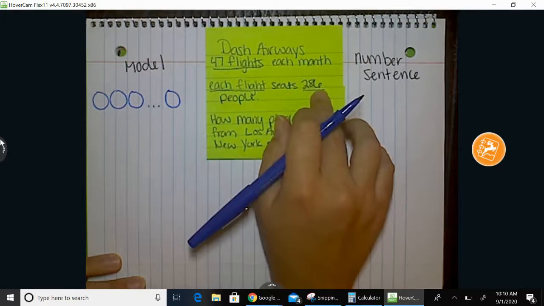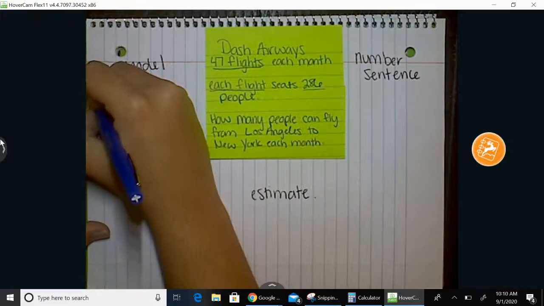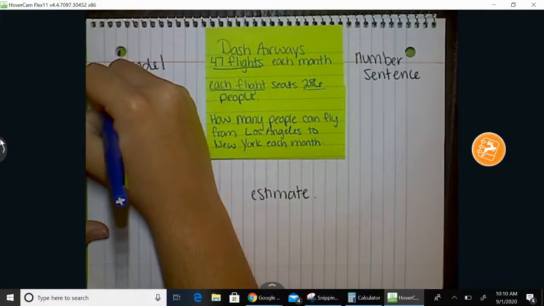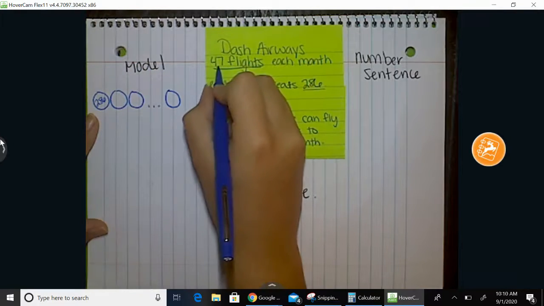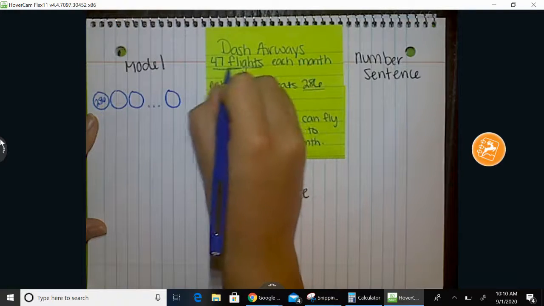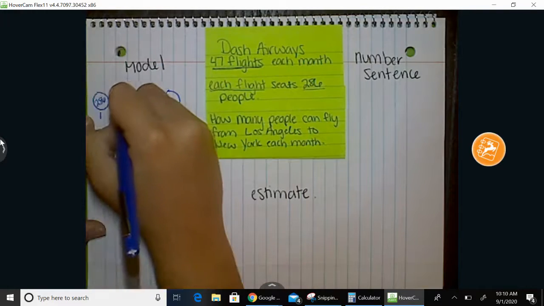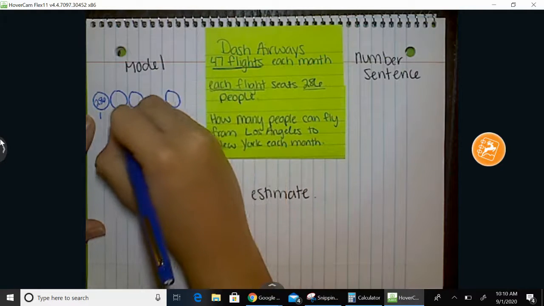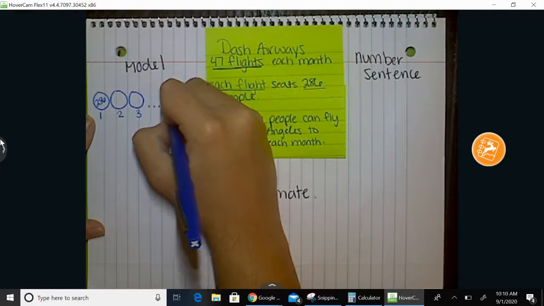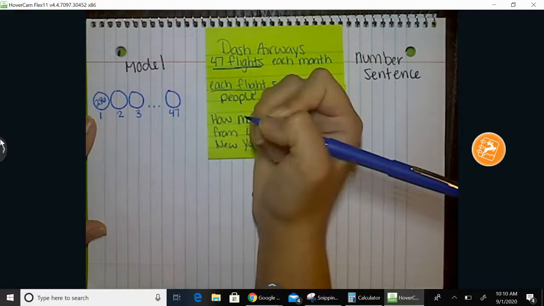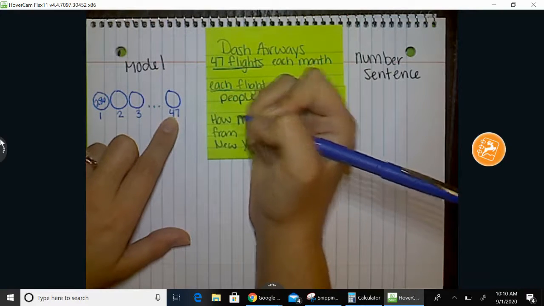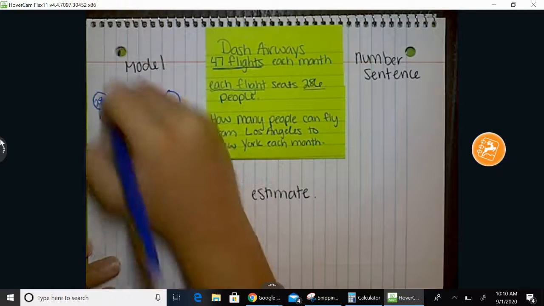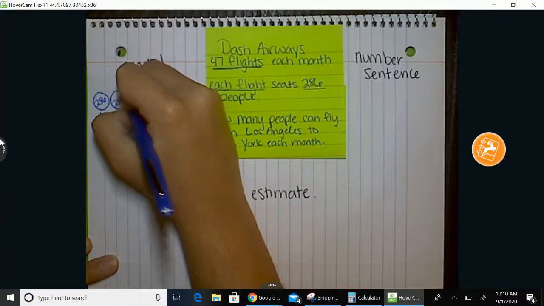So each flight, that tells me that 286 is going to go inside the circles, and I should have 47 circles, but that is way too much to draw. So I'm going to do 1, 2, 3, and my last one, if I were to draw all of them out, I would have 47. And inside each, I'm going to have 286.